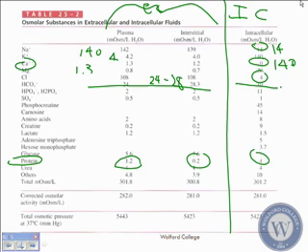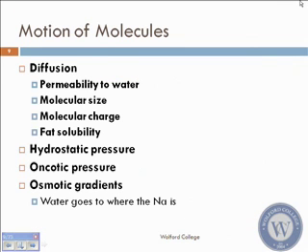The only exception to that is the lung. The lung tissue actually has around 50% of the protein content that's found inside the intravascular compartment. So it's actually a very loose capillary network when you're talking about the lung.